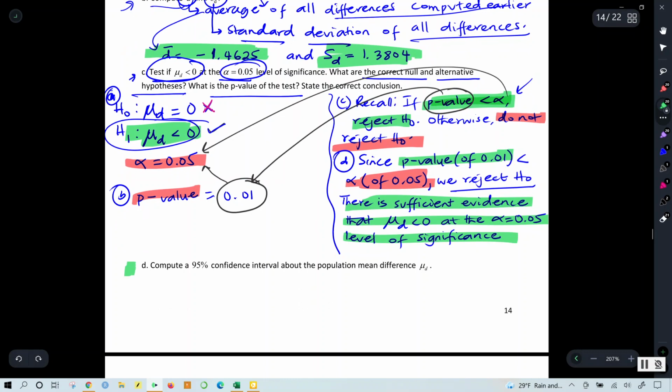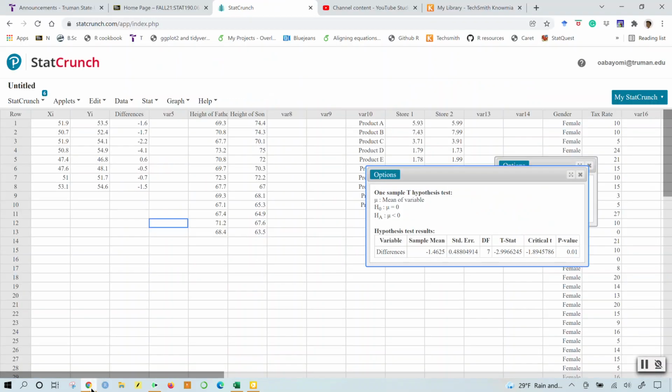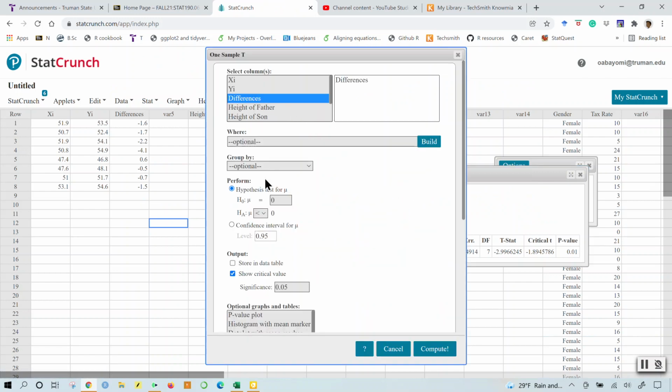The last part here tells us to compute a 95% confidence interval about the population mean differences. So to do that, go back to what you just did, go to Options, click on Edit. This time, rather than performing a hypothesis test, we would like to perform an equivalent confidence interval construction analysis.